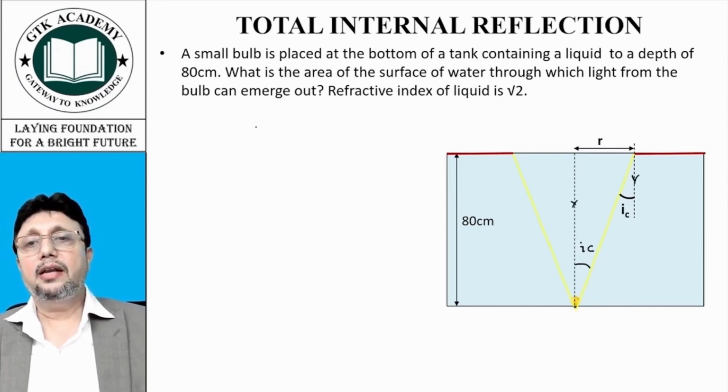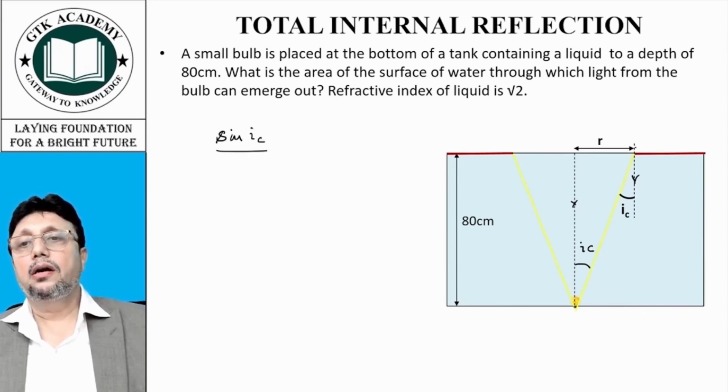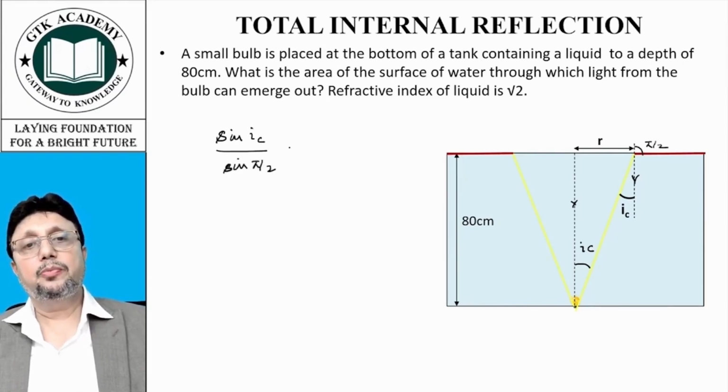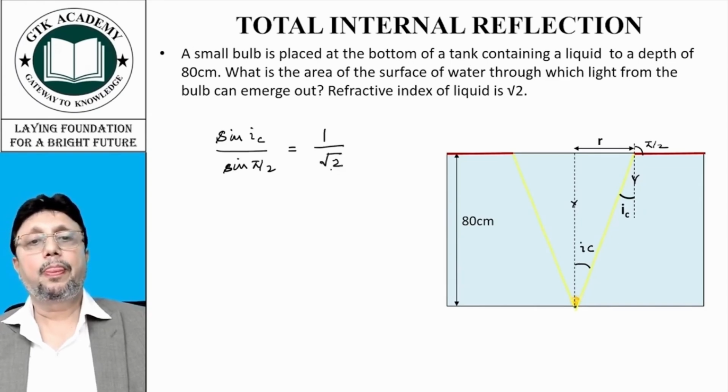So that means sine IC upon sine pi by 2, as per Snell's law, is equal to 1 upon refractive index of the material, which is given as under root 2.